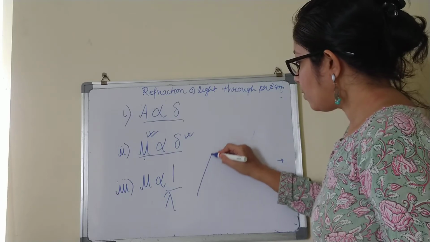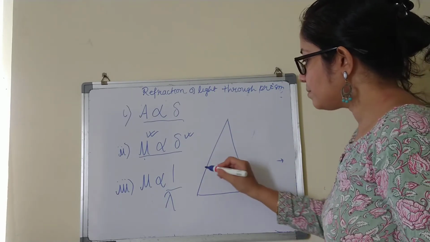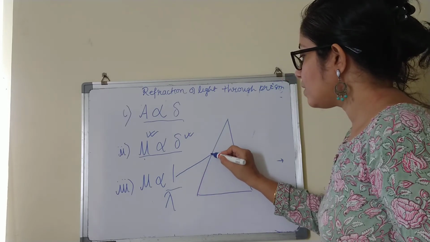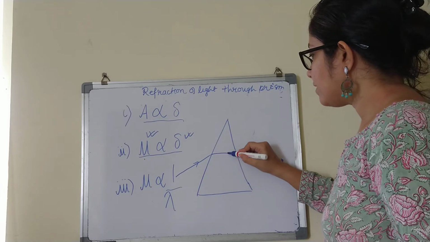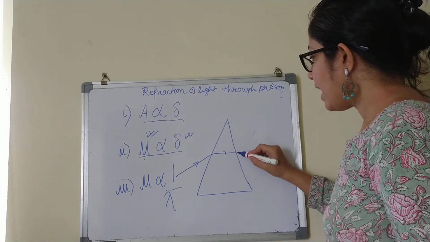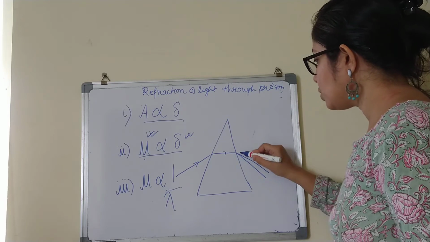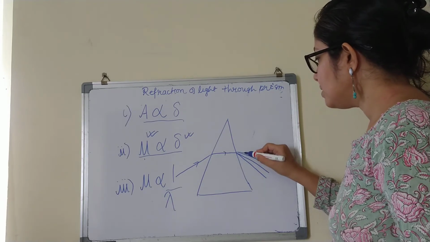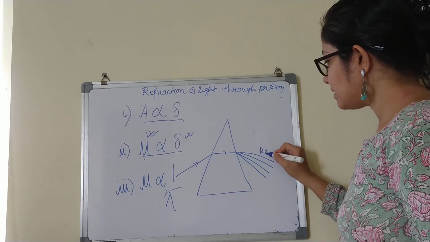Now if I draw a prism, this is the principal section of the prism, and we incident white light. It will get refracted first and get refracted second, and here the light actually splits into 7 parts, where the uppermost is the red light.